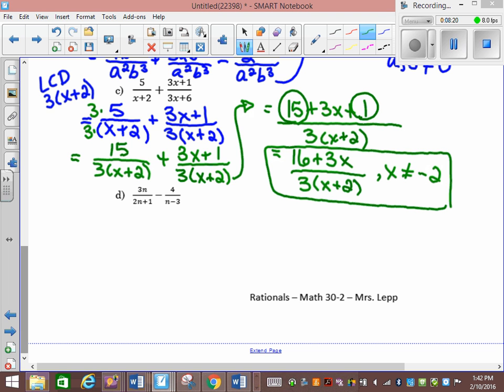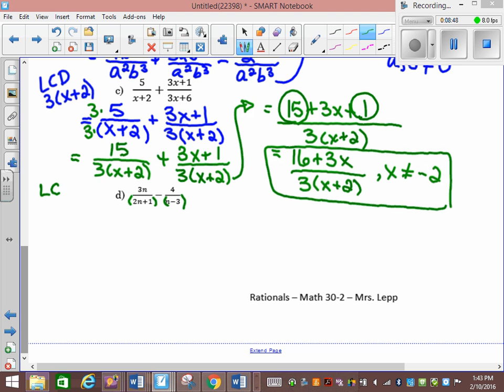So for D, I say, can I take a GCF out of the bottoms, or is there a difference of squares? So in the bottom left, I have 2n plus 1. Can I take anything out of that? It's not a difference of squares because they're not squares and there's no difference sign. What about n minus 3? Can I take anything out of that? No. So if I have two binomials that are in no way the same, the lowest common denominator of those two are those two.